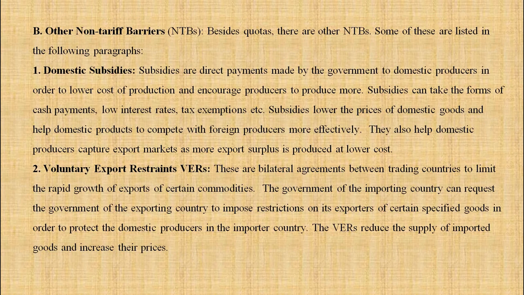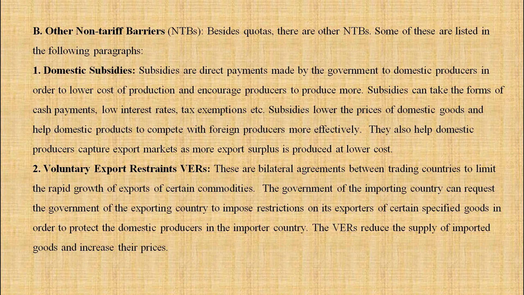Other non-tariff barriers. Besides quotas, there are other NTBs. They are, first, domestic subsidies. Subsidies are direct payments made by the government to domestic producers in order to lower the cost of production and encourage producers to produce more.